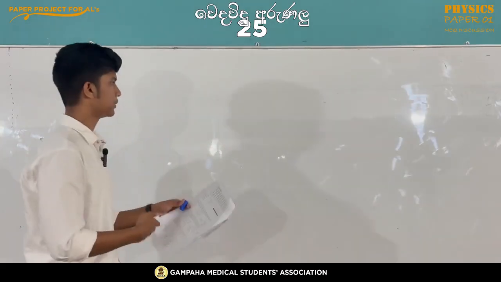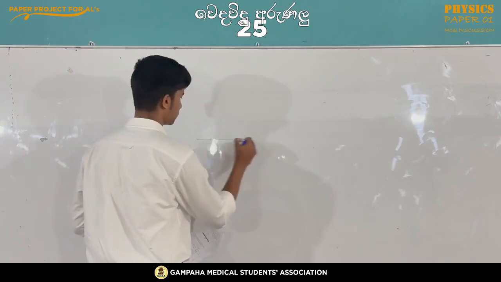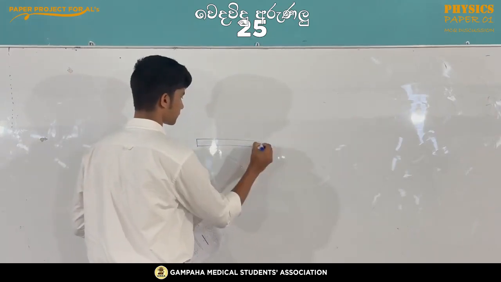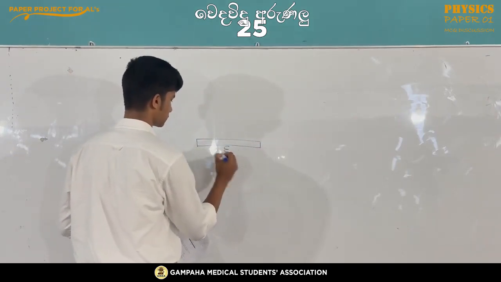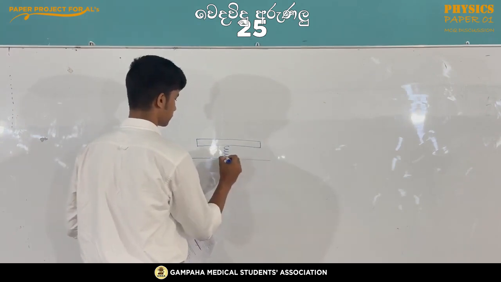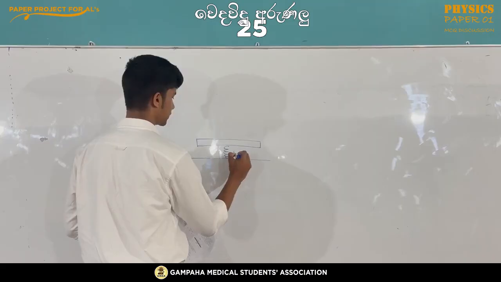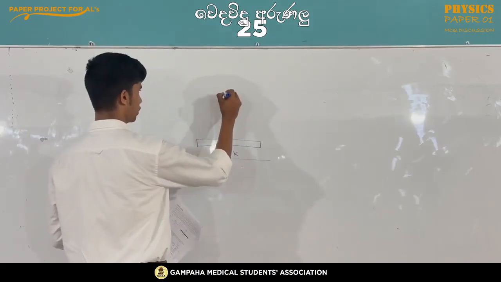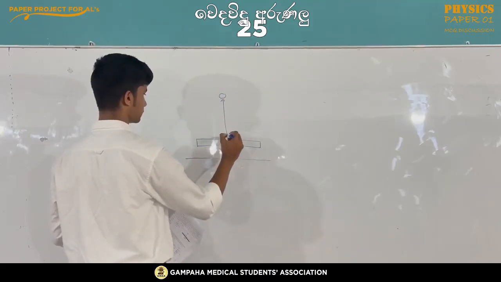So here what happens is, there's a wooden plank which is fixed onto a spring. This spring has a spring constant of k, and a ball is dropped from a height h.